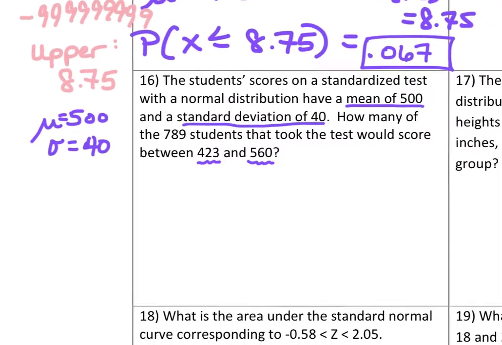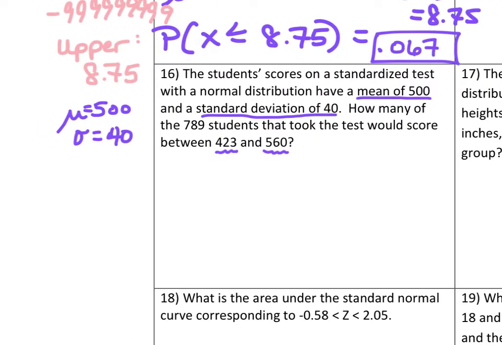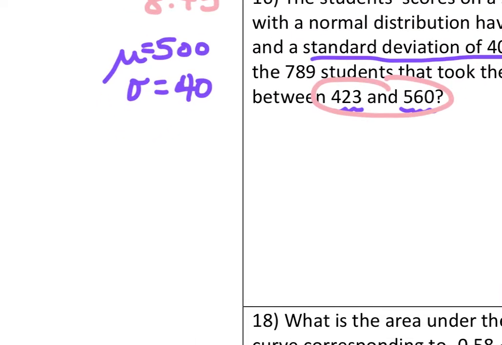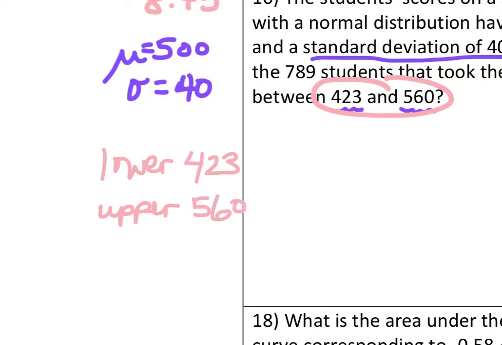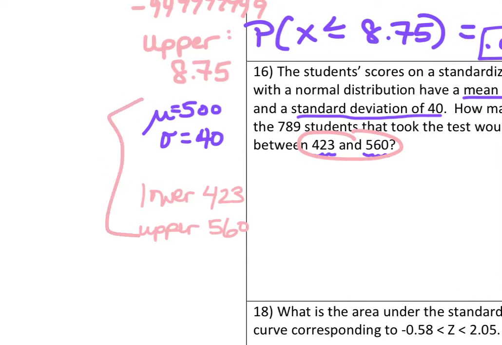And so in my calculator, I'm going to go ahead and type these numbers as your lower and upper. So the lower would be 423 and the upper would be 560. And that's with the normal CDF.